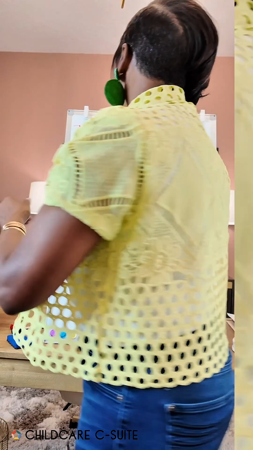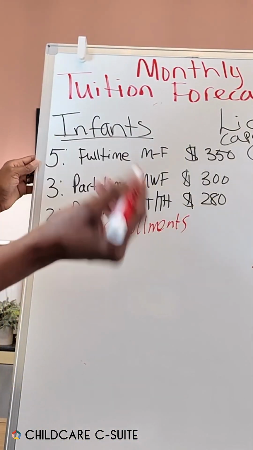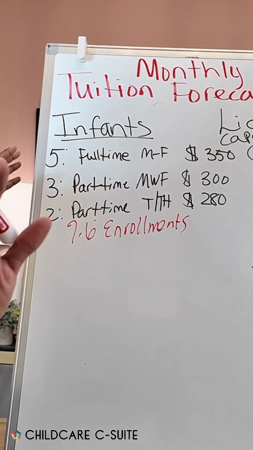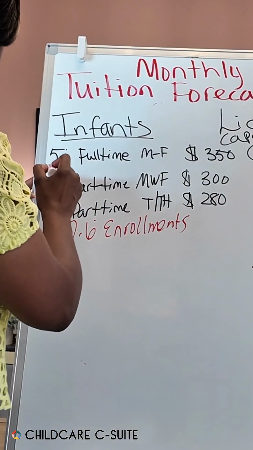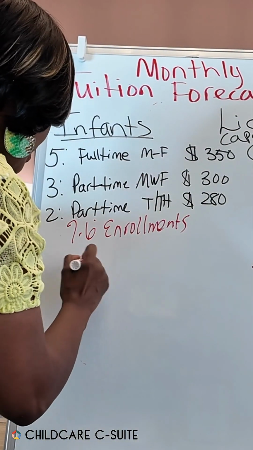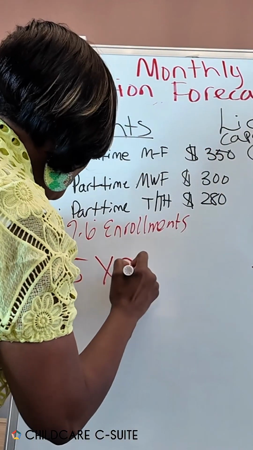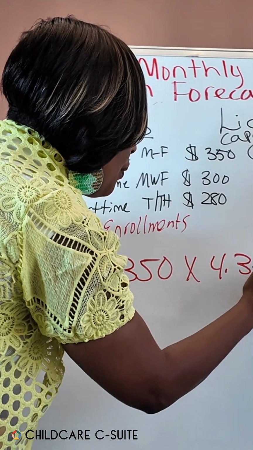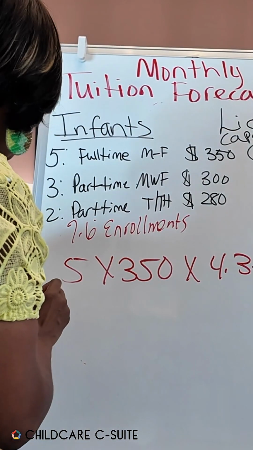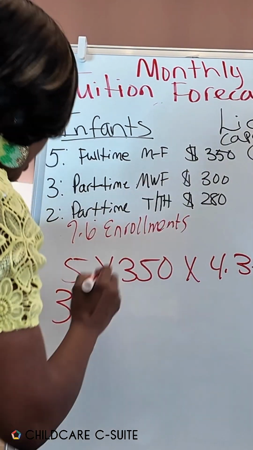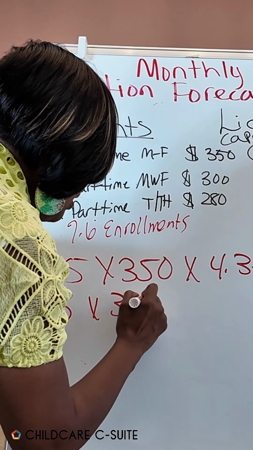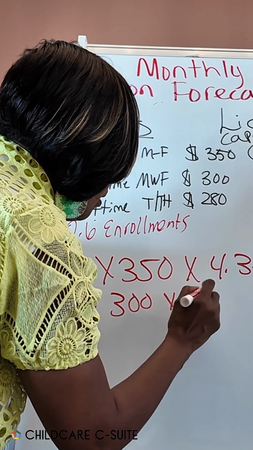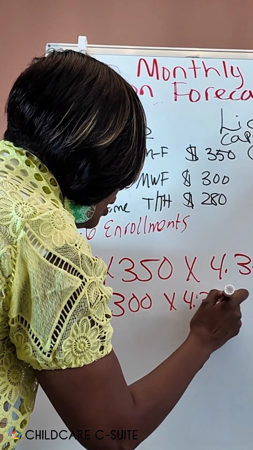All right. So my full-time students, we saw that I had a total of 7, but I'm not going to do it that way. I'm going to actually do it like this. 5 times 350 times 4.33 equals. Then I'm going to do 3 students times 300 times 4.33 equals.